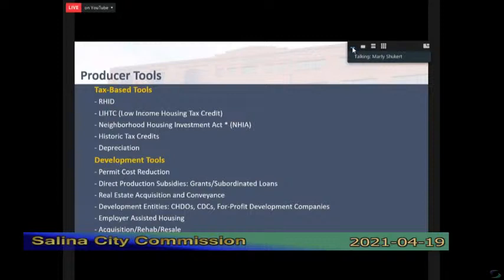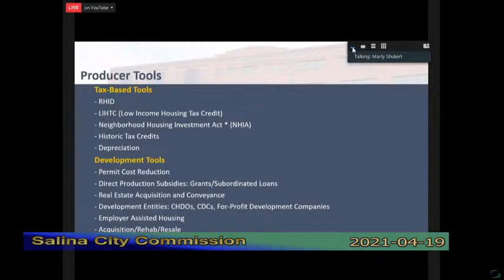It's very interesting. So other tax-based tools, we've already talked about the LIHTC, but there are historic tax credits that are used for projects like, I suspect, the Lee buildings used the historic tax credit.